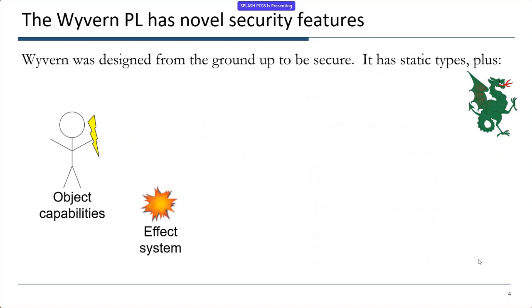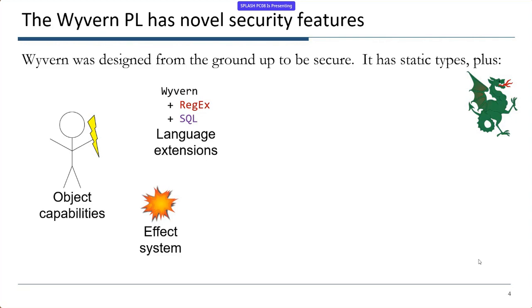Effect systems are another area that's common in the research community. We made some innovations there, but are also exploring the practical impact of effects. And language extensions: extensible languages are a common theme in the SLE research community here at SPLASH, and we have that in Wyvern.